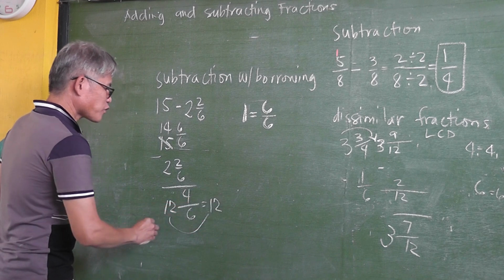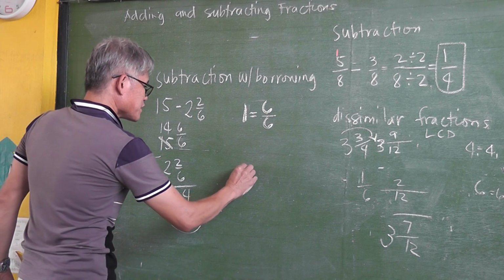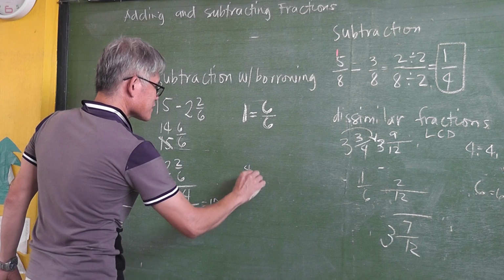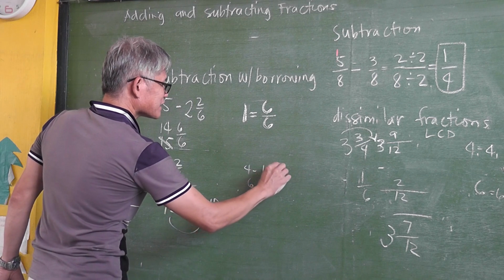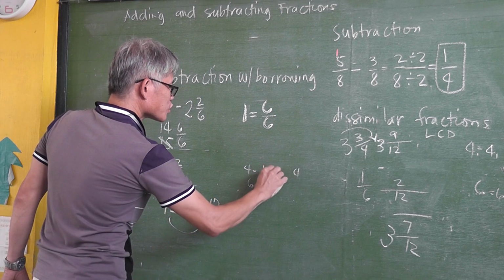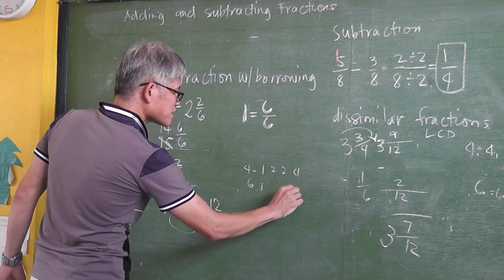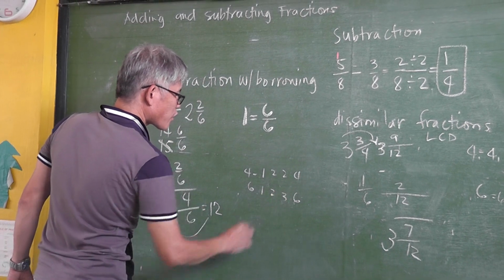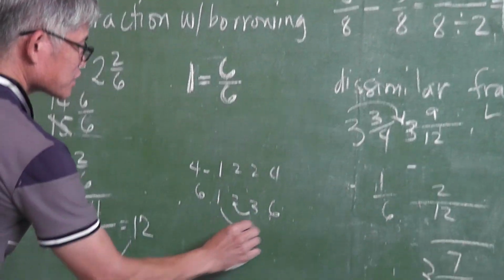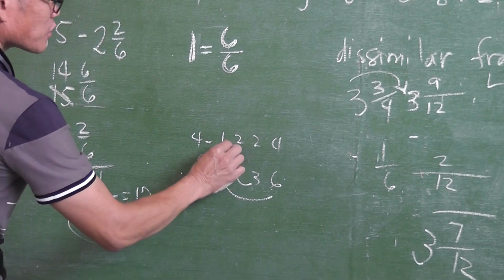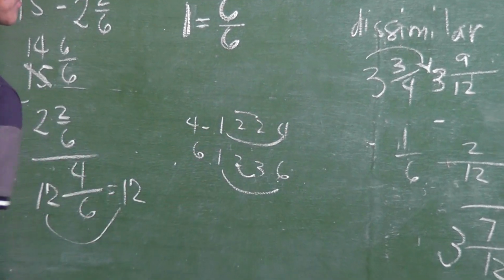We are going to look for the GCF of 4 and 6. The factors of 4 are 1, 2, 4, and of 6 are 1, 2, 3, 6.